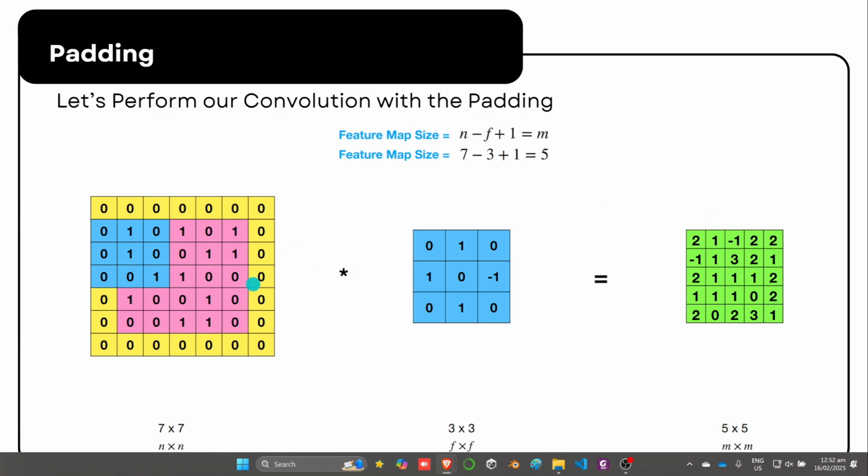The input image was 5 by 5, as you can see here in the pink region, and the formula works out to be 7 minus 3 plus 1, which is 5. So this is a way we can use something called padding, which is simply padding the input with zeros around it to preserve the image size.